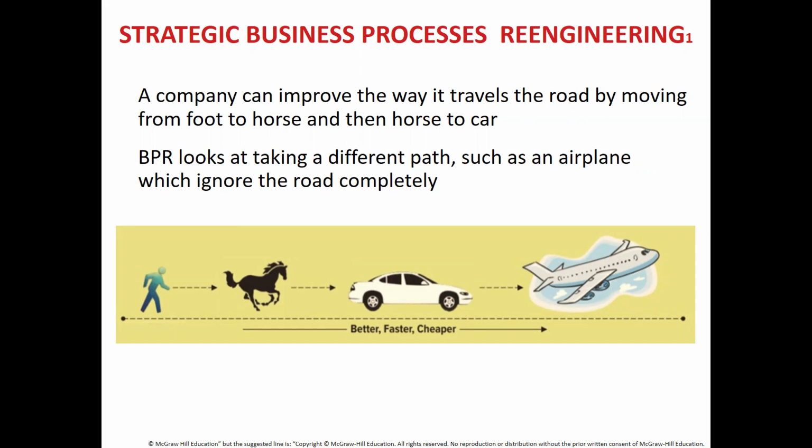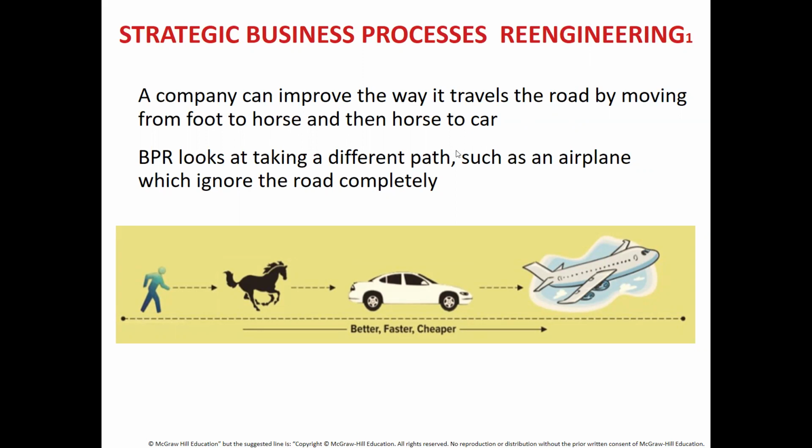So over here, it gives an example whereby you have a person who is working, and when you want to improve their services, from working, you might have a horse carrying the item. And if you want to improve it even further, you might have a car doing the work for you.